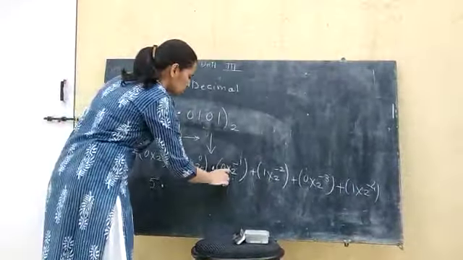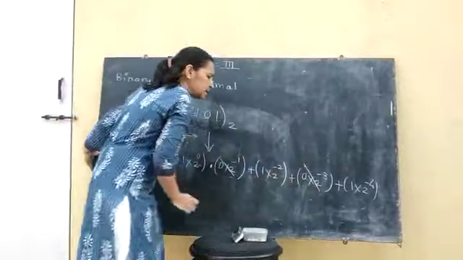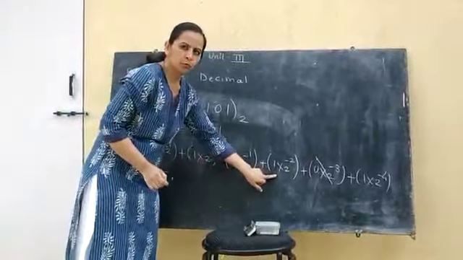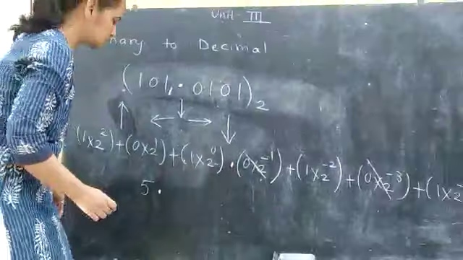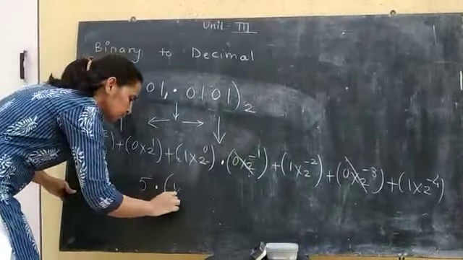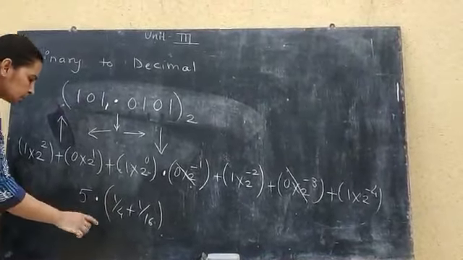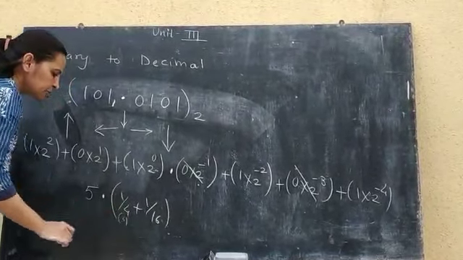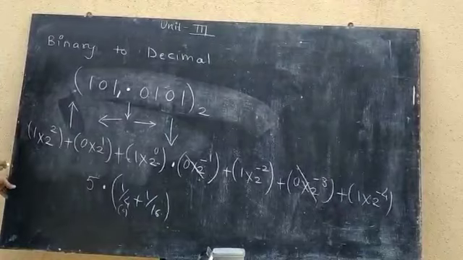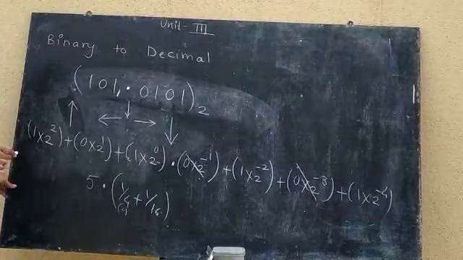Now this is 0, so I'll discard this. This is 0, I'll discard this. So this is 1 by 4 plus 1 by 16. Okay, so even if I find out the LCM of this, it will be 5 by 16 or so.